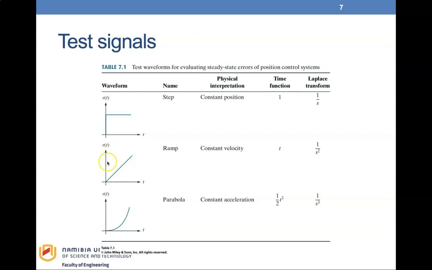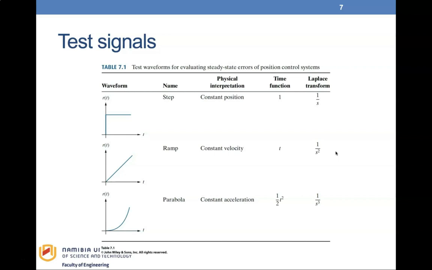Next is the ramp input with a time function of t and Laplace transform of 1 over s squared. The ramp represents constant velocity inputs to a position control system by their linearly increasing amplitude. This test signal can be used to track a constant velocity target.